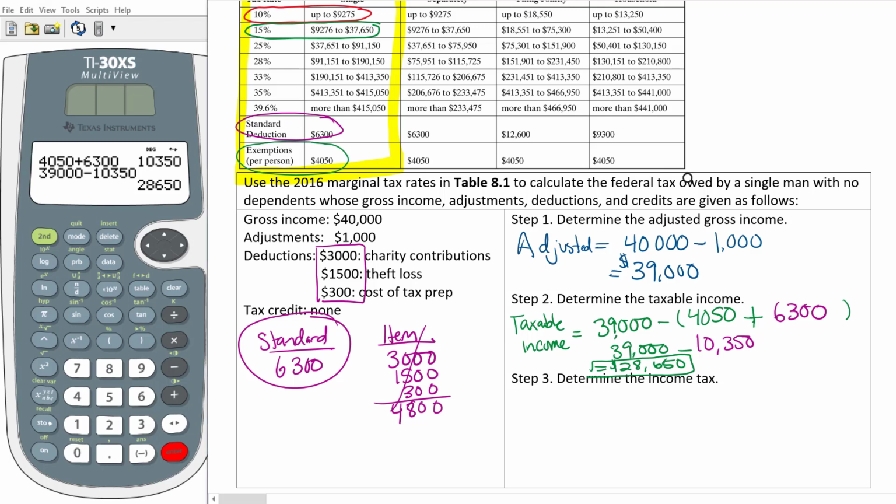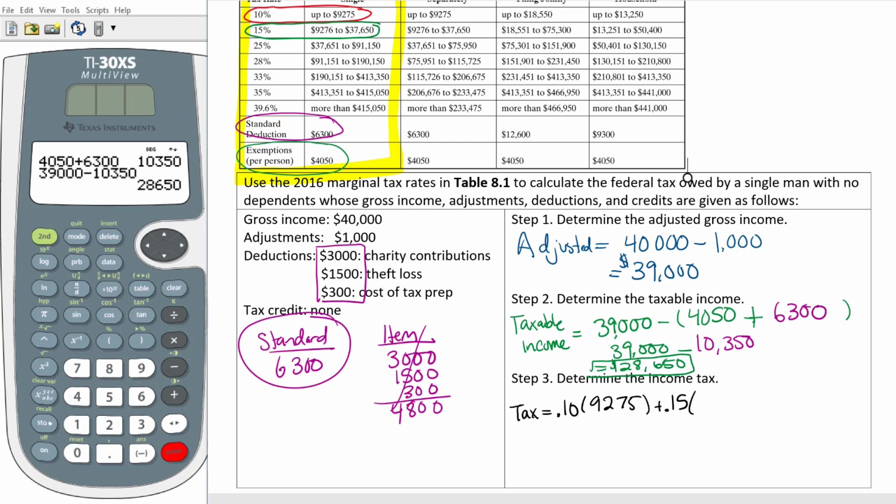So to get the income tax, I'm going to compute my tax. So I have 10%, write 10% as a decimal, that's 0.10, times the first $9,275, plus the next income bracket is at 15%. So for the next amount of money, I have to pay 15% on that.